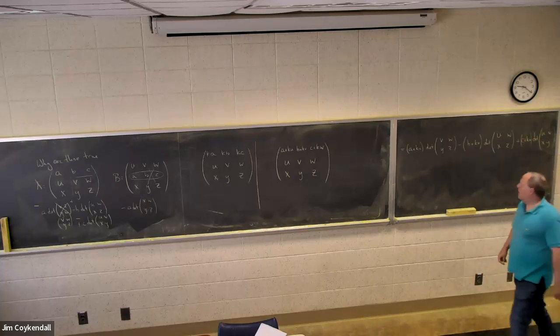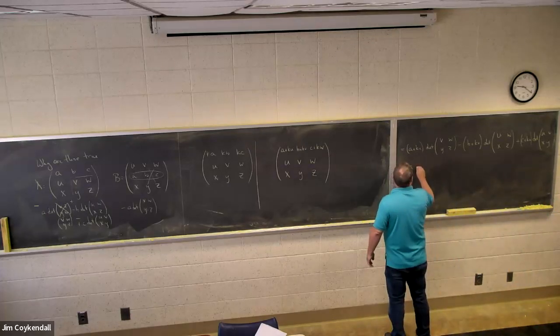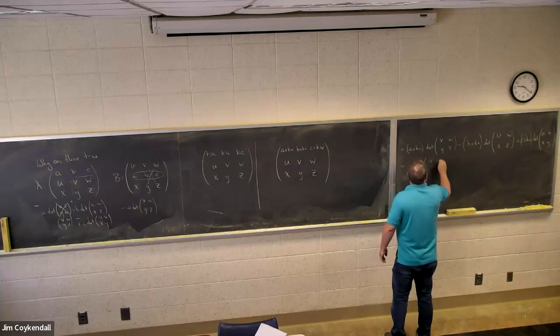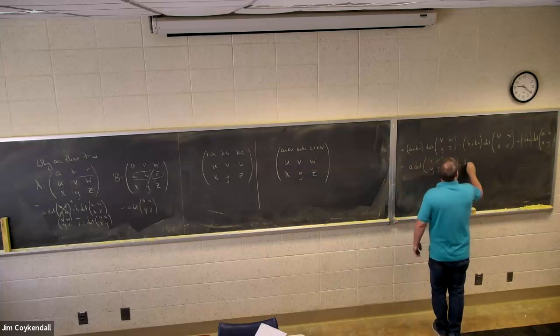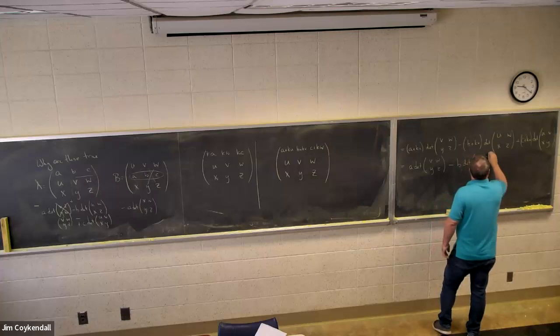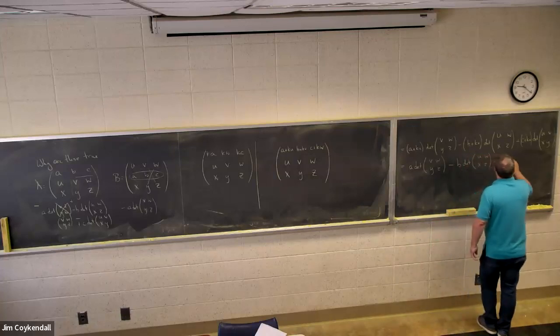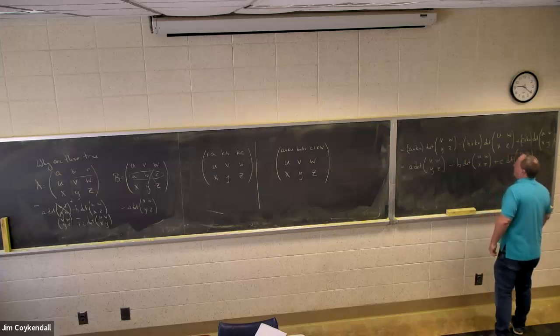I can do that. So I could write this as A times the determinant BWYZ, minus B times the determinant UWXC, plus C times the determinant UVXY.